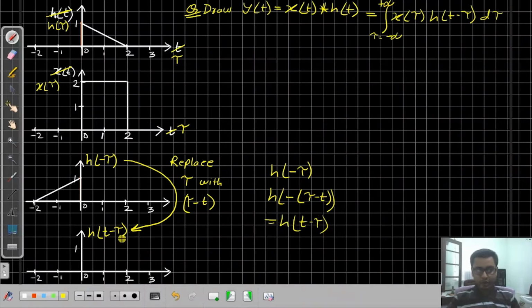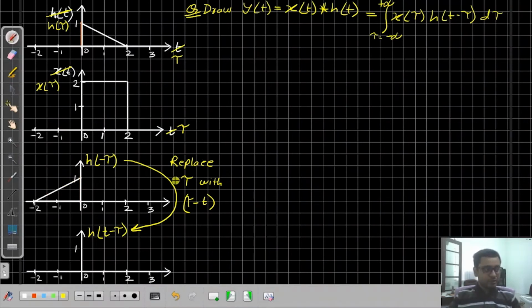That is what we want. So we are replacing tau with tau minus t, and that means this will be a time shift by an amount of t towards the right. So this pattern is to be shifted towards the right by an amount of t.